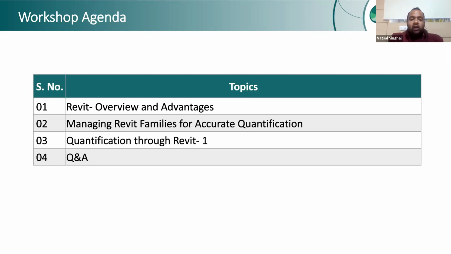Then how we manage the Revit families for accurate quantification, and then we'll go through the live process of how to develop quantities and extract the materials and everything from Revit. Then after that, we open to questions. In the quantification part, we'll also teach you how to link the quantities to Dynamo.